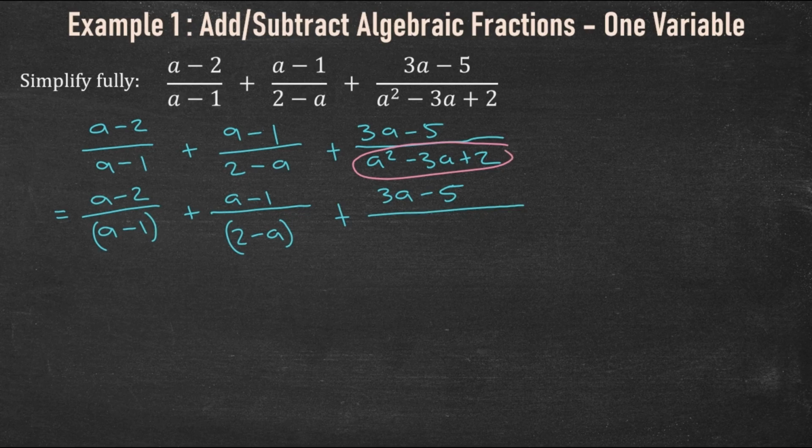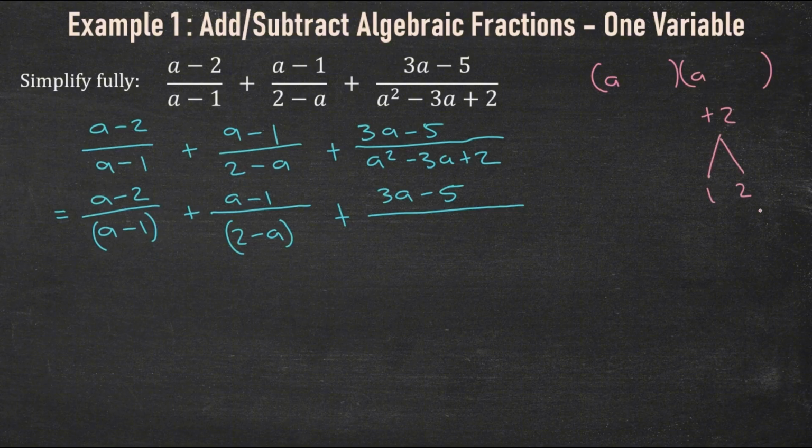It is a trinomial, so we are going to try and factorize this. And because this is a basic trinomial, because our leading coefficient is 1, all I need to do is to find two numbers that, when multiplied, will give me positive 2, and when I add those two numbers, will give me negative 3. So if I open my brackets, I'm working with a's. So let's find those two numbers.